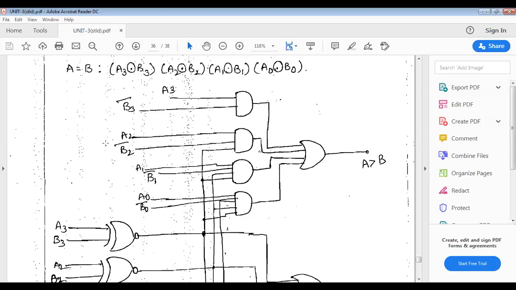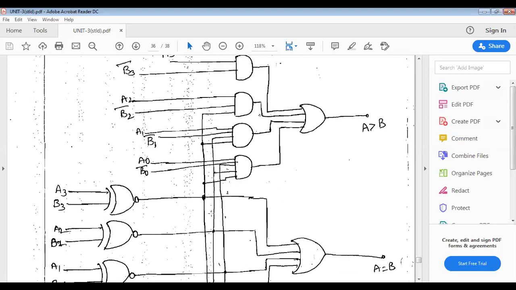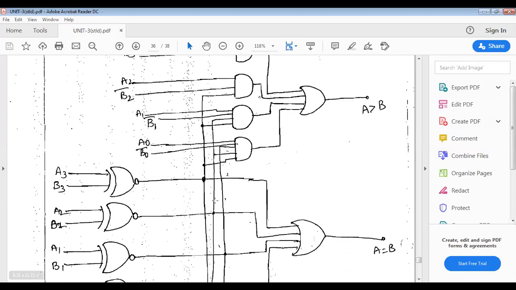If these two are also equal, then the third AND gate has four inputs. One input is A3, B3 equal, another is A2, B2 equal. Then at the third stage, if A1, B1 is not equal and A is greater than B, we can stop without comparing A0 and B0.